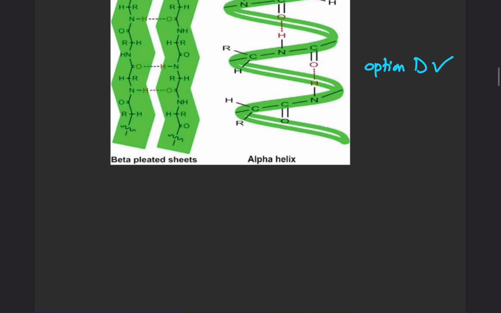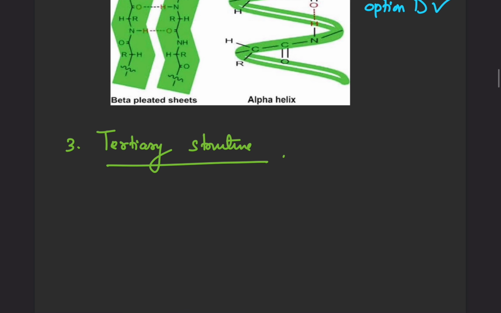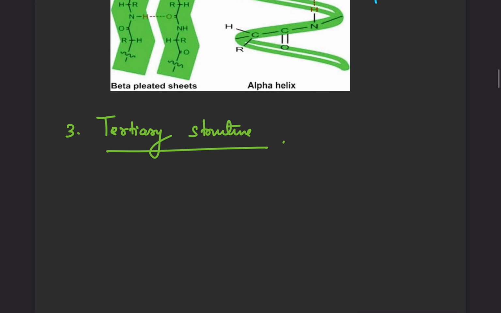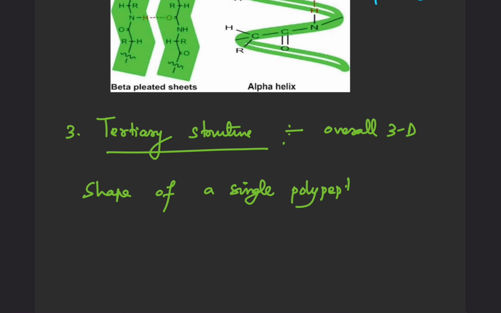Okay, now coming to the third structure of proteins that we discuss about, that is tertiary structure. Okay, so in tertiary structure, it is the overall 3D shape of a single polypeptide chain. Very important. Overall 3D shape of a single polypeptide chain.